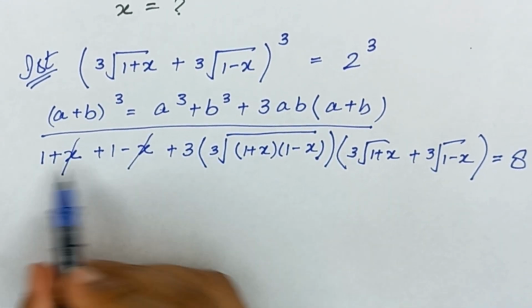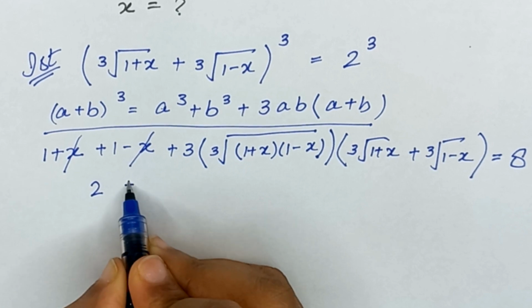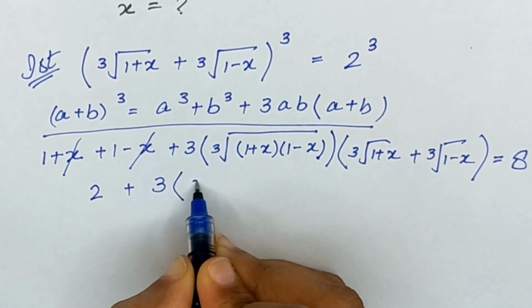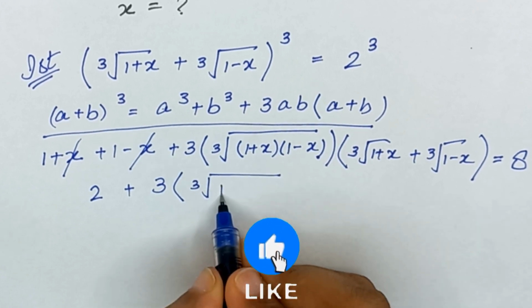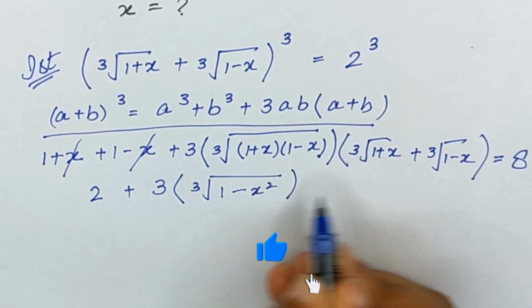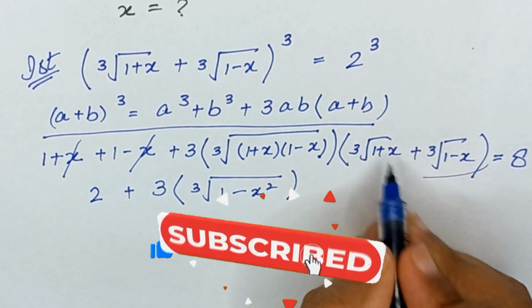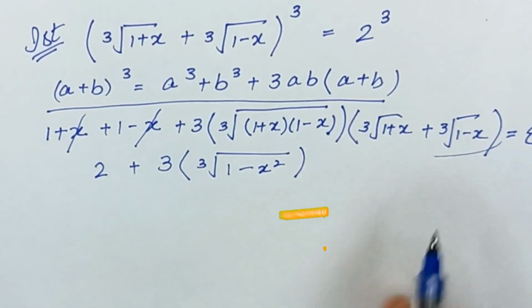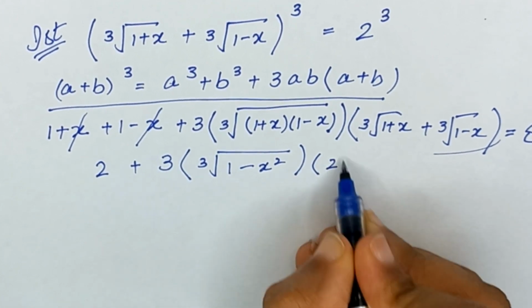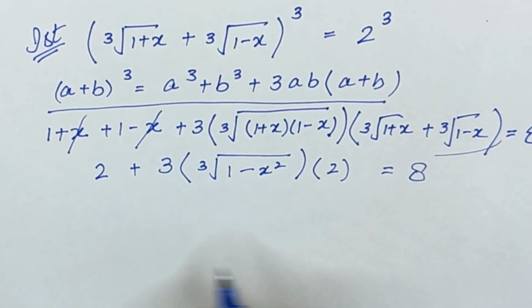Now this x and x will cancel out, and it will be 2 plus 3 times cube root of, it will be a plus b, a minus b form, so it will be 1 minus x square, and we know that the sum is the same as the given equation, which is equal to 2. So I will replace this with 2, and it is equal to 8.